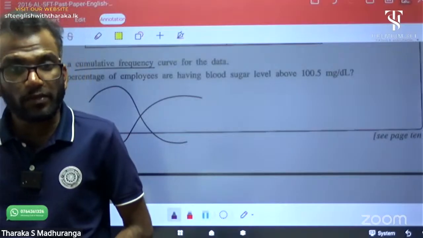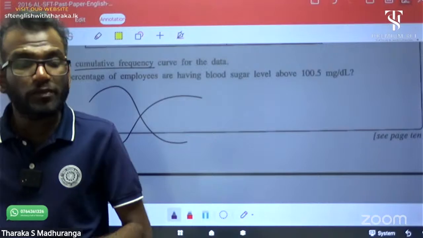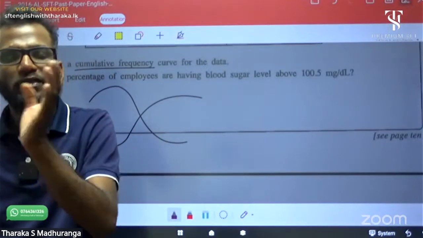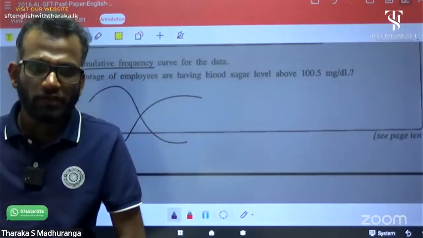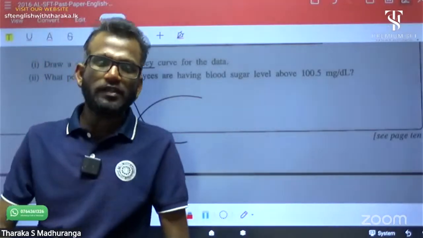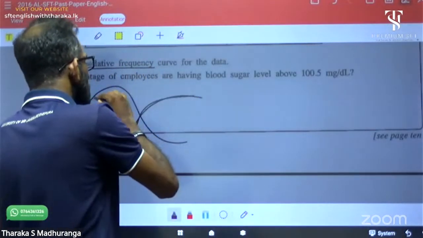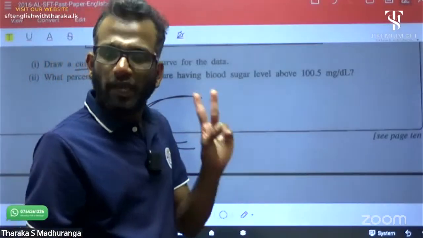Joel, let me make my question clear. Cumulative frequency curves are mainly two types, no? Less than cumulative frequency curve and more than cumulative frequency curve. The increasing one is the less than, and this is the more than. Okay, now there are two types.